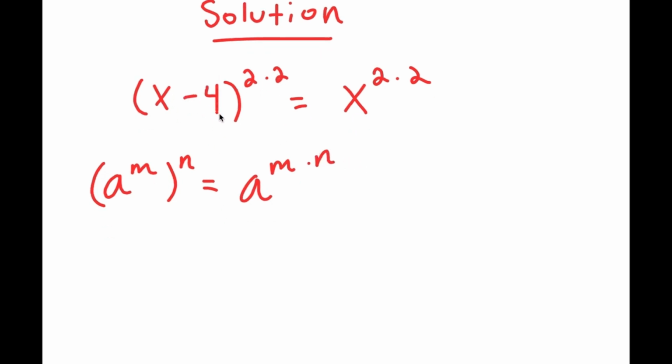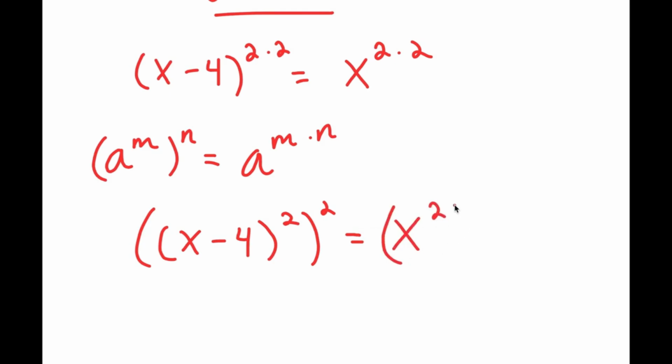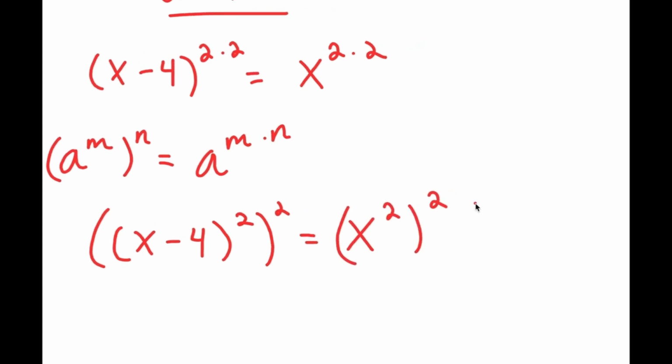So using this property, I can rewrite (x − 4)^(2·2) as ((x − 4)^2)^2, and I can rewrite x^(2·2) as (x^2)^2.